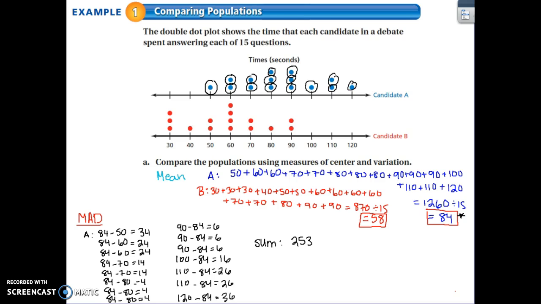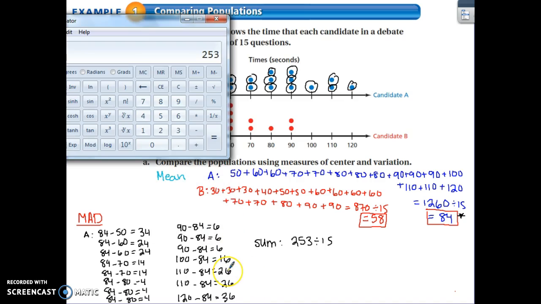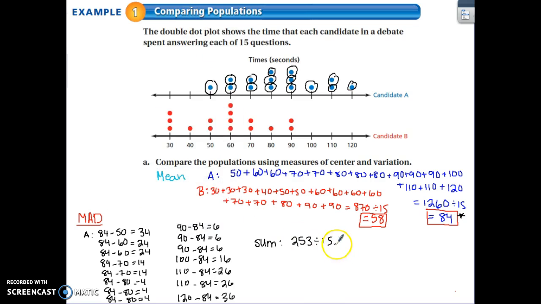To find the average, I now need to divide by the number of values that I just added. There are 1, 2, 3, 4, 5, 6, 7, 8, 9, 10, 11, 12, 13, 14, 15 again. So I take the 253 and divide that by 15 to find the mean absolute deviation is about 16.86, which I can round up to 16.9.